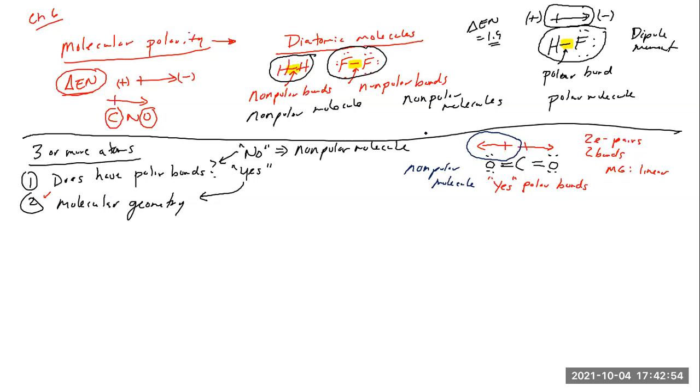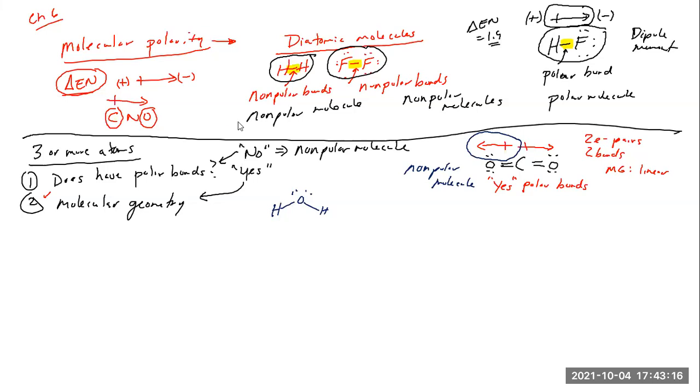So CO2 is a very good example that although it has polar bonds, it does not necessarily mean that the actual molecule itself will be polar. If we look at something like water, for example, water here has polar bonds.